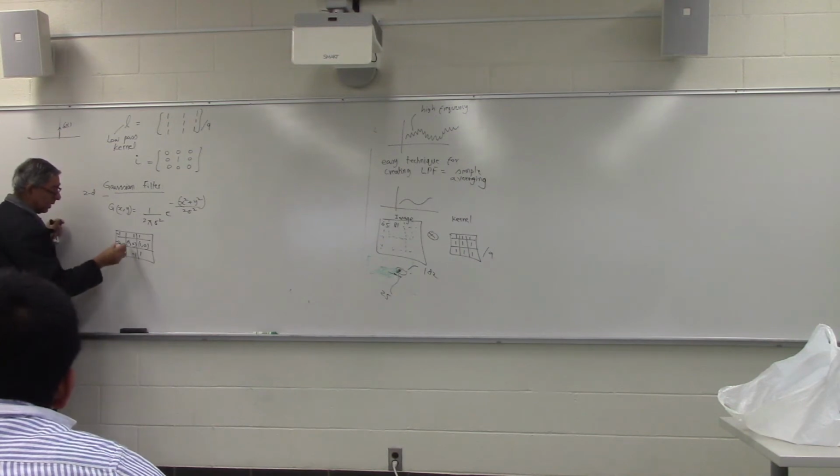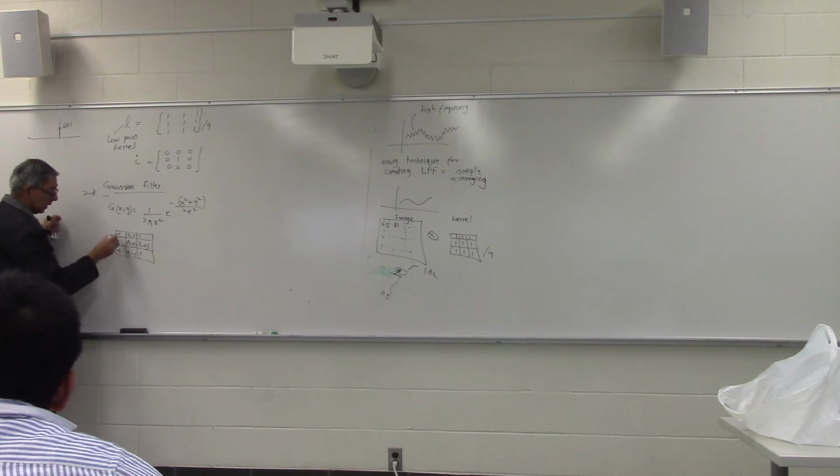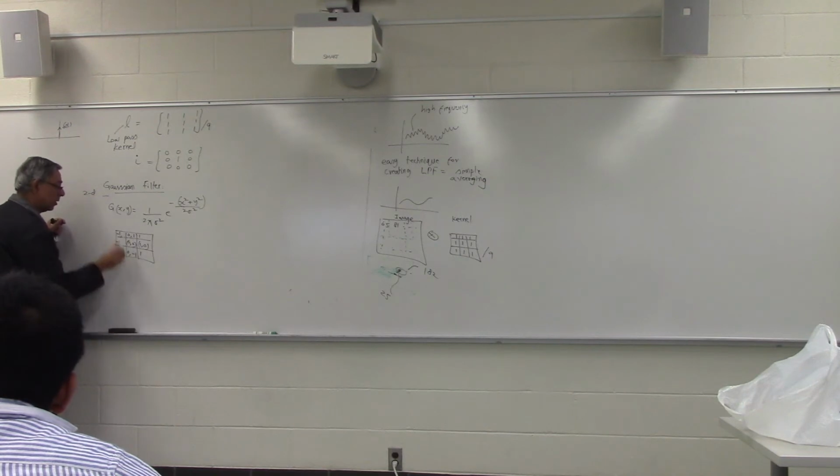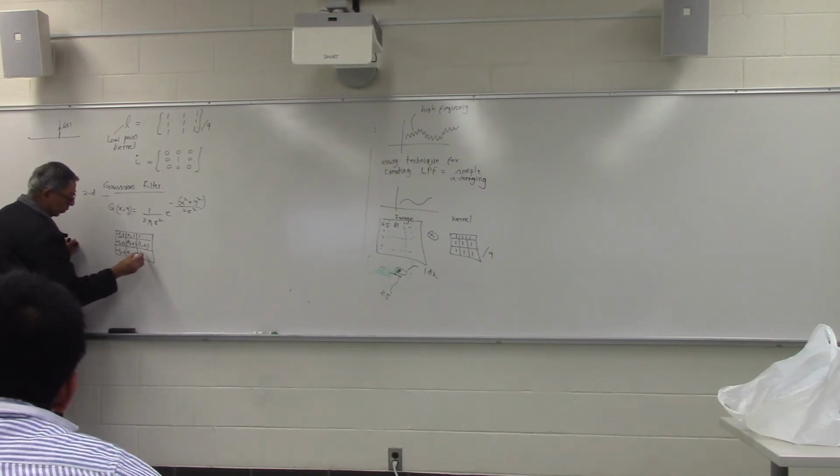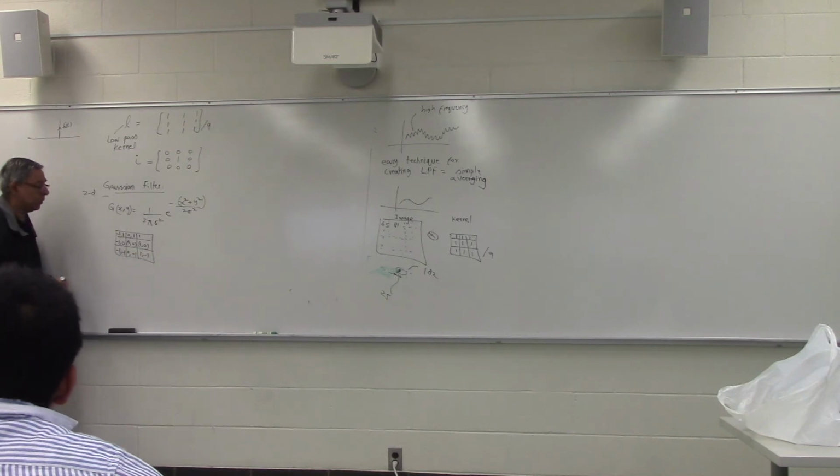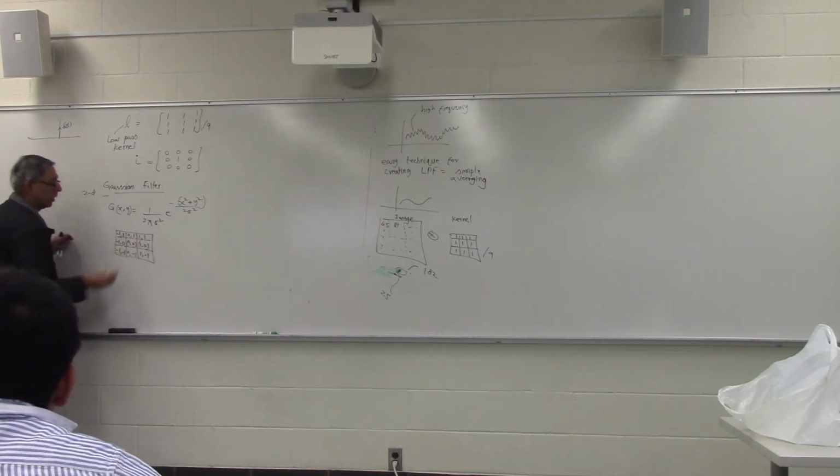In the middle column, x is 0. Here y is 1, y is 0, y is negative 1, with 1 on the top.